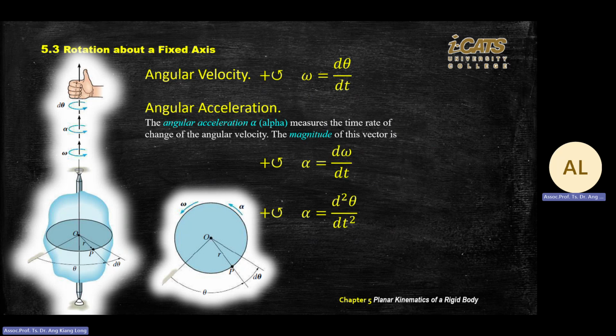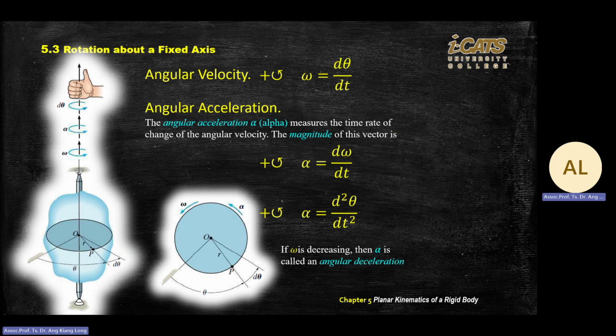So we have defined angular velocity, omega, and angular acceleration, alpha. Sometimes, if the question gives you that the angular velocity omega is decreasing, then alpha will become angular deceleration, because you slow down, you get a negative acceleration.